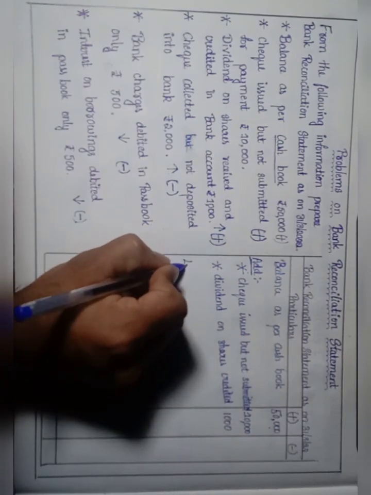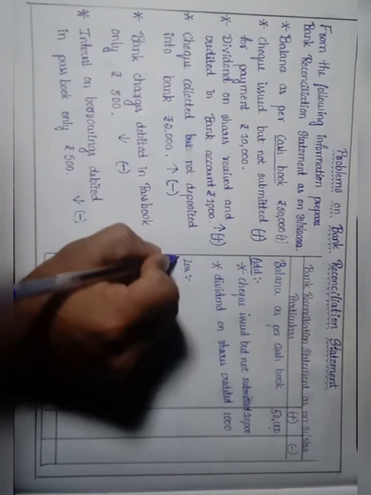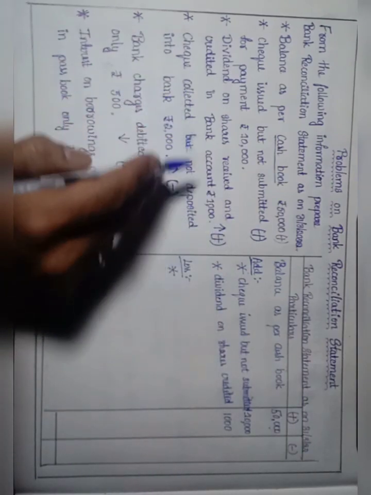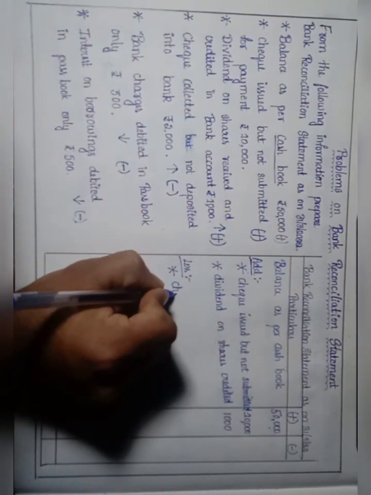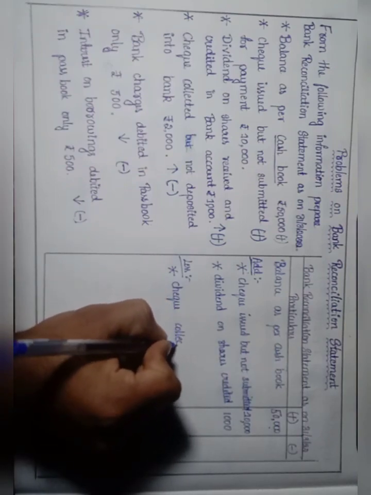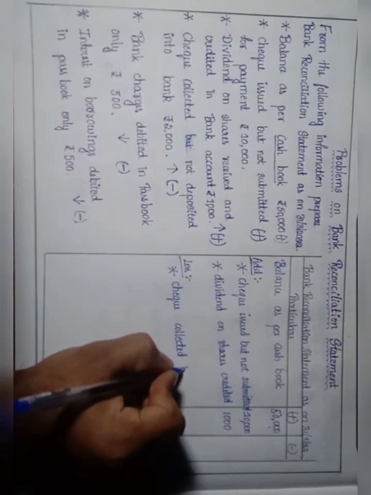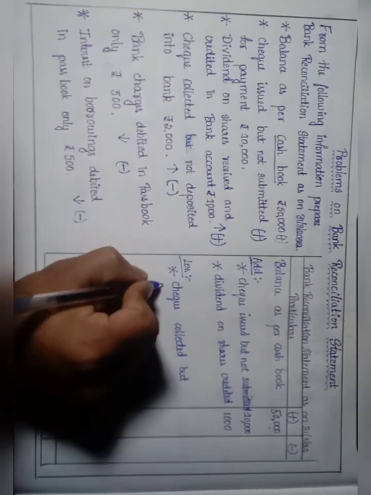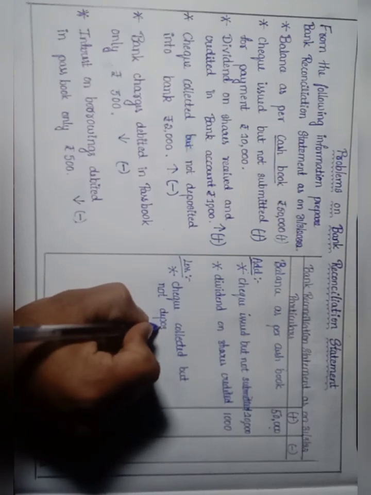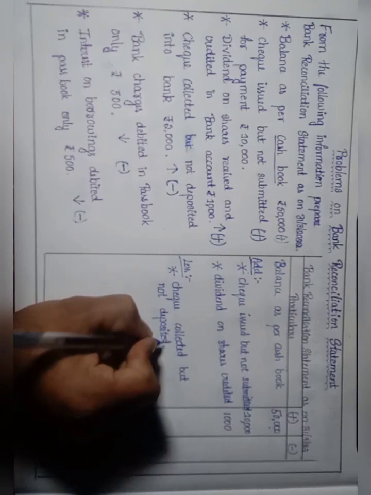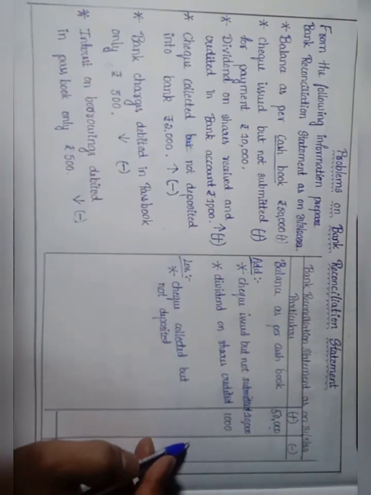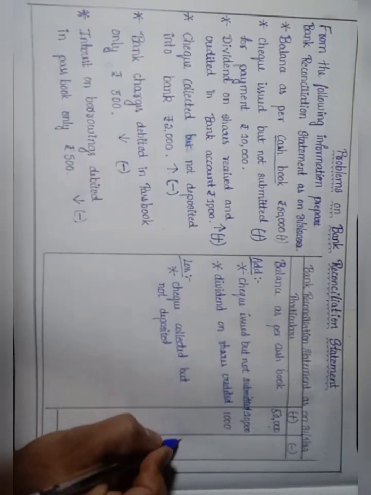Then certain transactions we need to deduct. First one is check collected but not deposited. It is negative, meaning we need to deduct, so we need to take it in the negative column, that is 2,000.